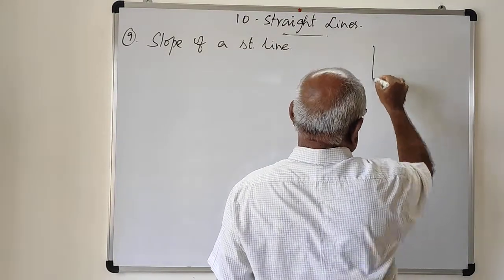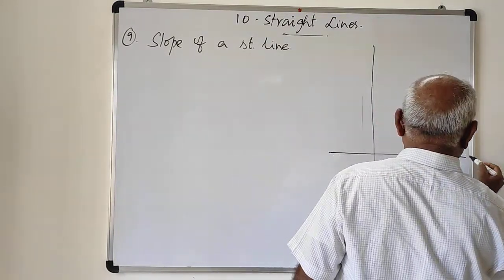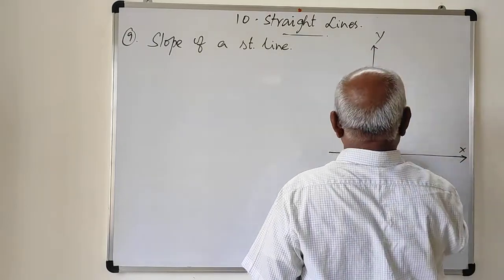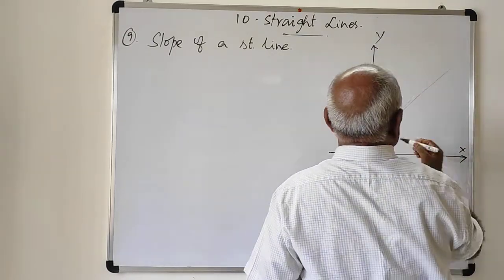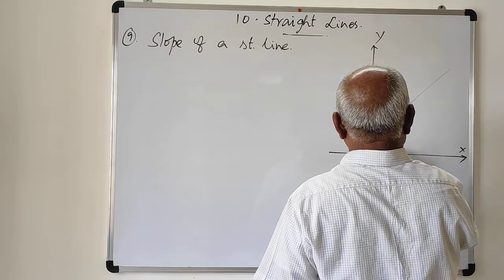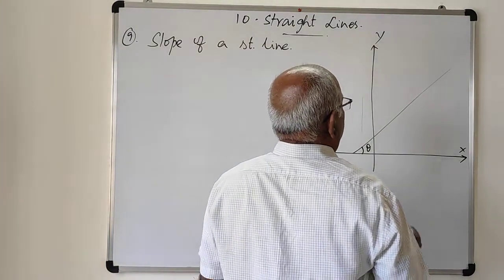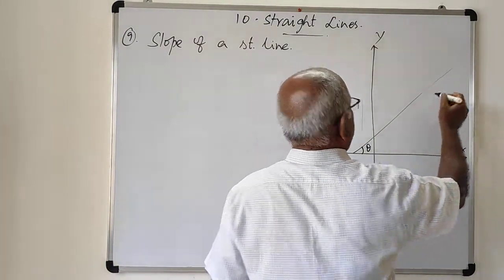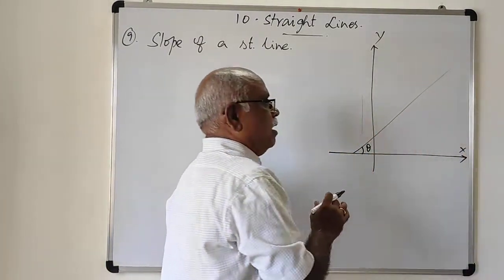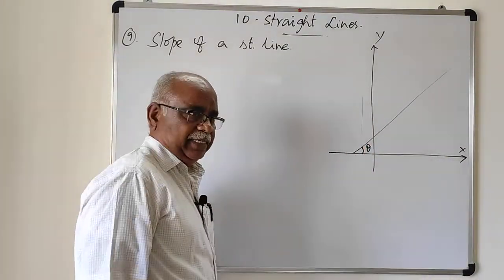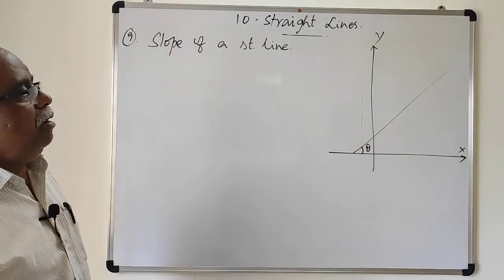See, this is the x-axis and this is the y-axis. This is a straight line and it makes an angle theta with the positive direction of the x-axis. The slope of this line is the tan value of the angle made by the straight line with the positive direction of the x-axis, that is tan theta.